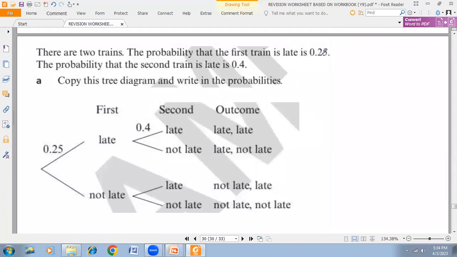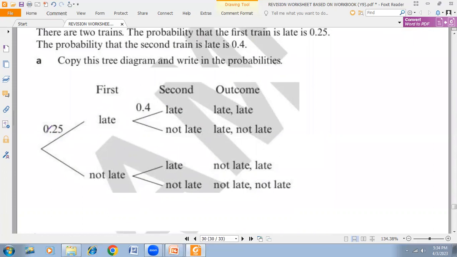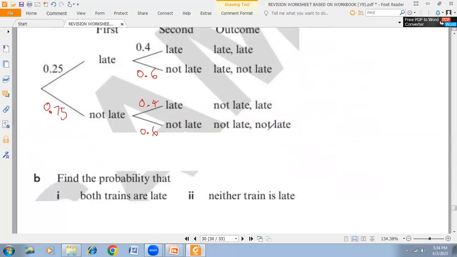Okay. First train is late, 0.25. Second train is late, 0.4. So 1 minus 0.25, the balance is 0.75 here. This is 0.4, this is 0.6. So this one will follow 0.4 and 0.6. Okay, let's see the question, not to waste time.